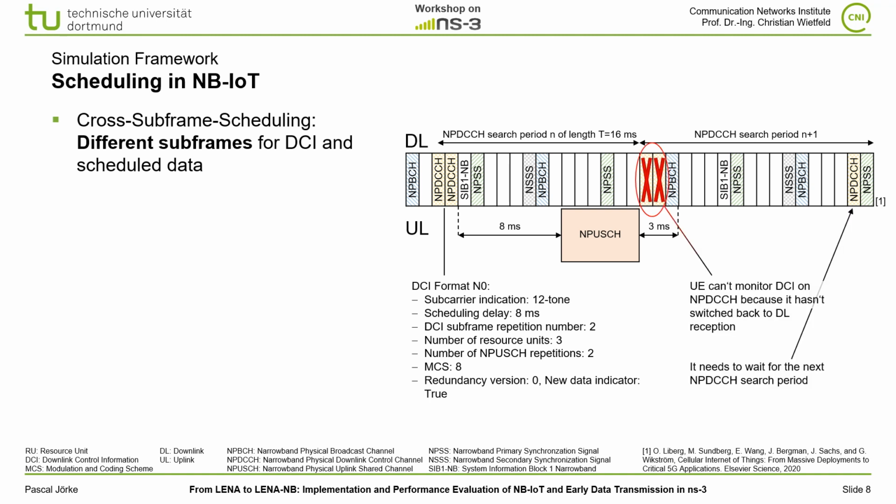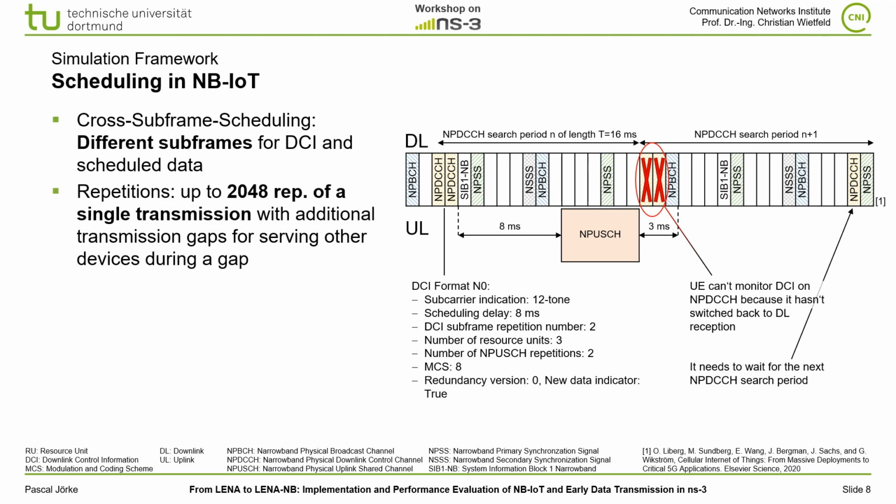As a consequence, the UE might miss some DCIs, which needs to be considered when scheduling UEs. With up to 2048 repetitions, up to 2048 subframes must be reserved for a single UE, along with additional transmission gaps for serving other devices during this gap.